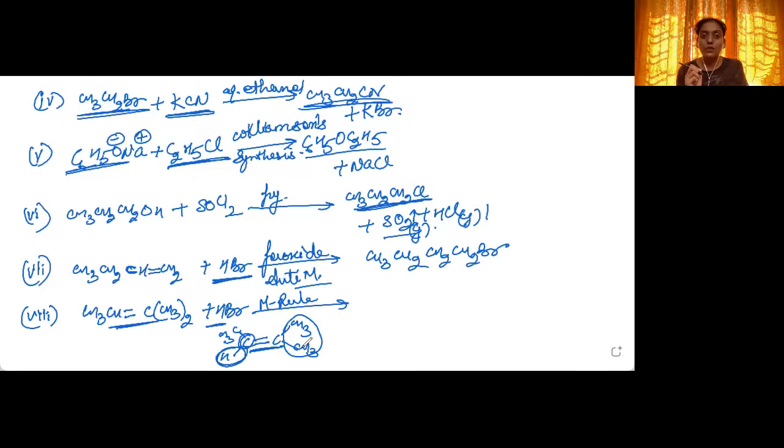So the positive part of the addendum will go to that carbon which is having a greater number of hydrogen atoms. So the product will be CH3CH2C(Br)(CH3)2. Okay, hope this is clear to you.